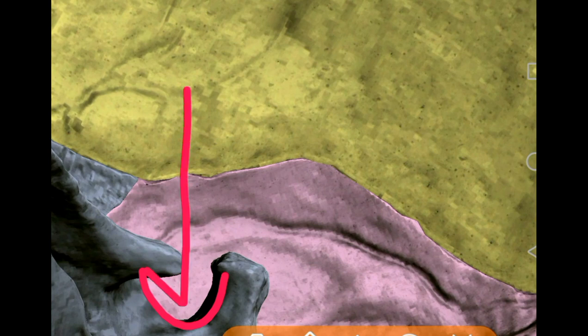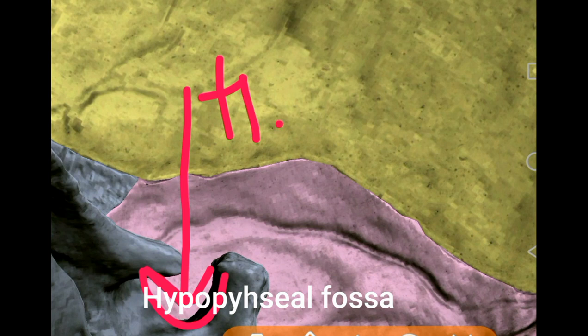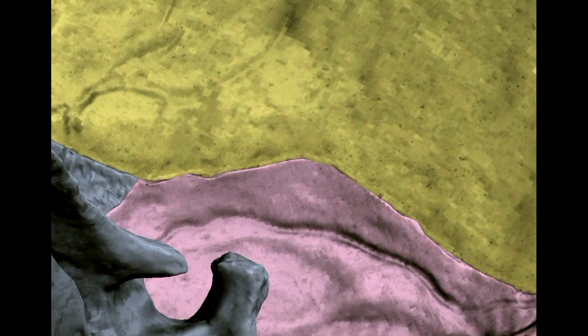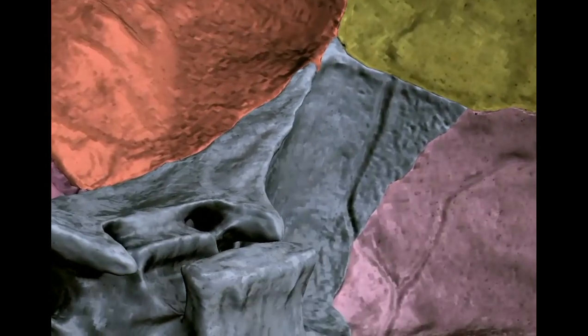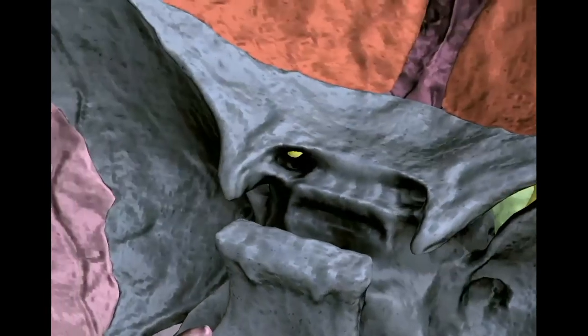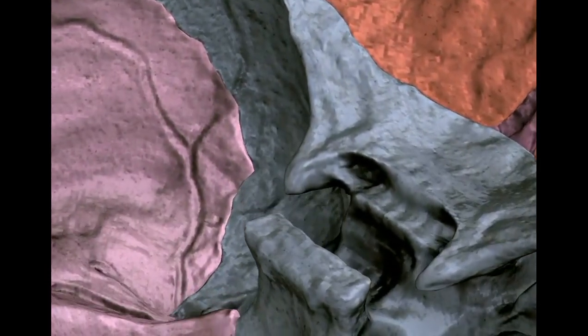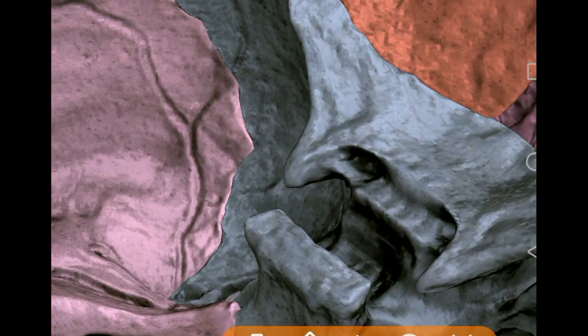You can see it is lodging the pituitary gland covered by the diaphragma sellae, a dural fold. This pituitary fossa is roofed by that, and in the middle it has a passage for the infundibulum of the pituitary gland.